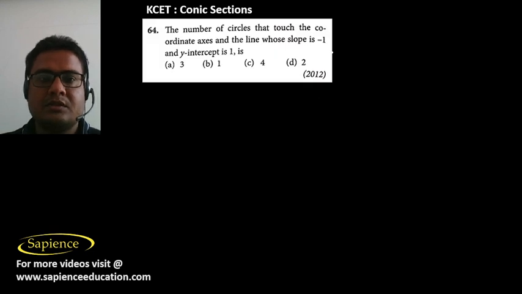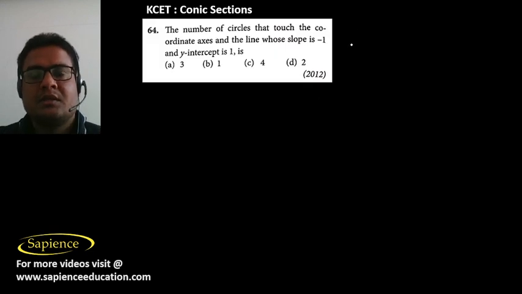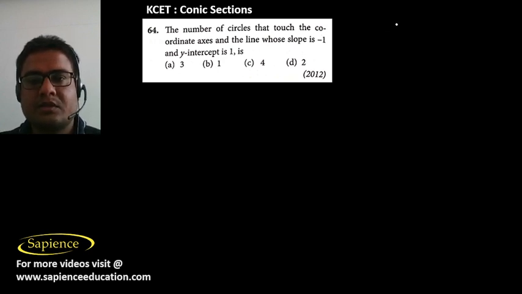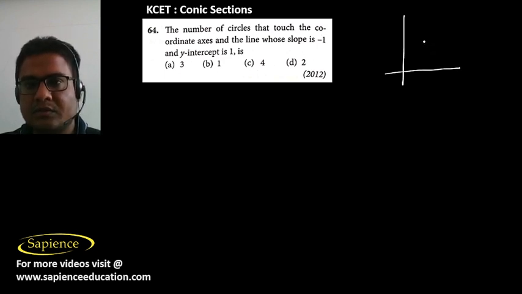But then here it is being asked the number of circles that touch the coordinate axis and the line whose slope is -1 and y-intercept is 1. The number of circles that touch the coordinate axis and the line whose slope is -1.